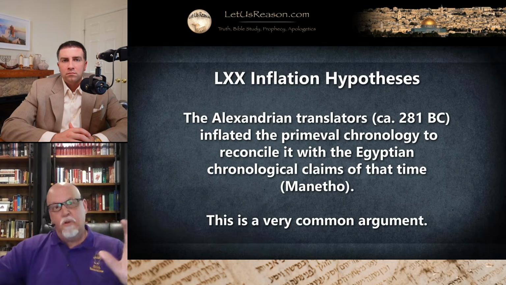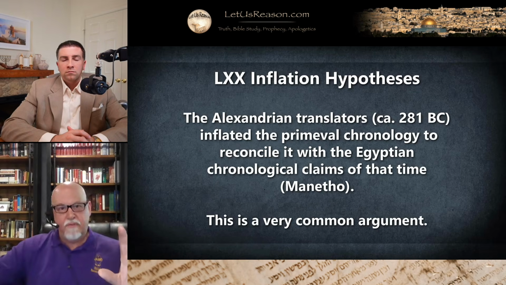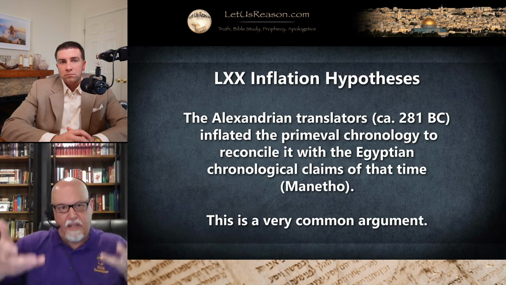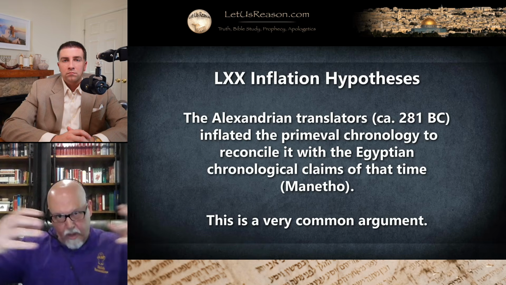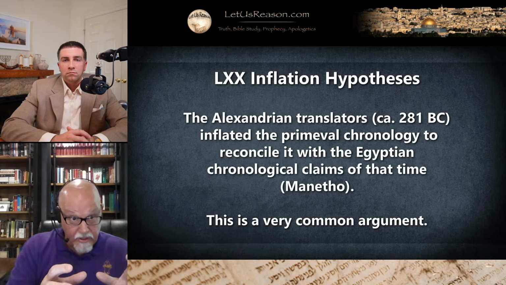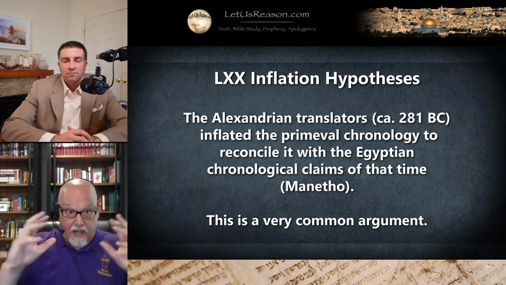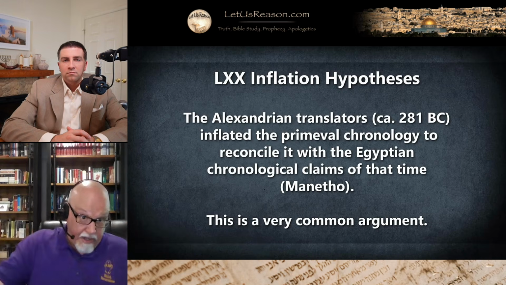Let me give you a real quick example. Those out there who have heard some of this before have heard the idea that the Alexandrian translators inflated Genesis 5 and 11 to reconcile it with Egyptian chronology. That's a very common argument. So they had their manuscripts, they matched the Masoretic Text, and they inflated the chronology because of external pressures of what the Egyptians were saying about their history.